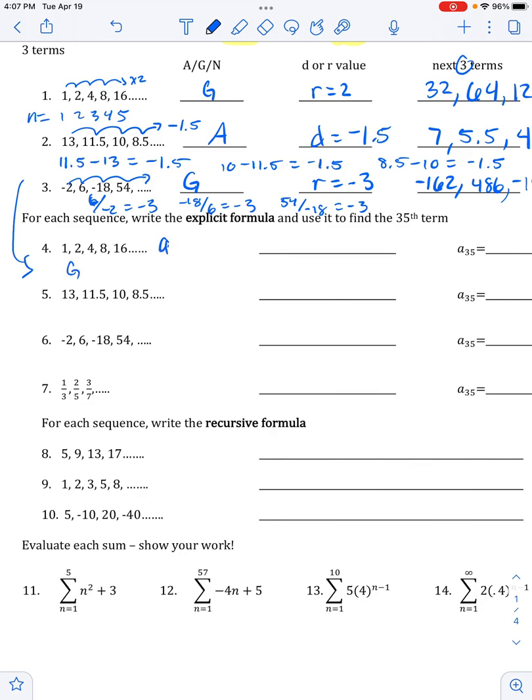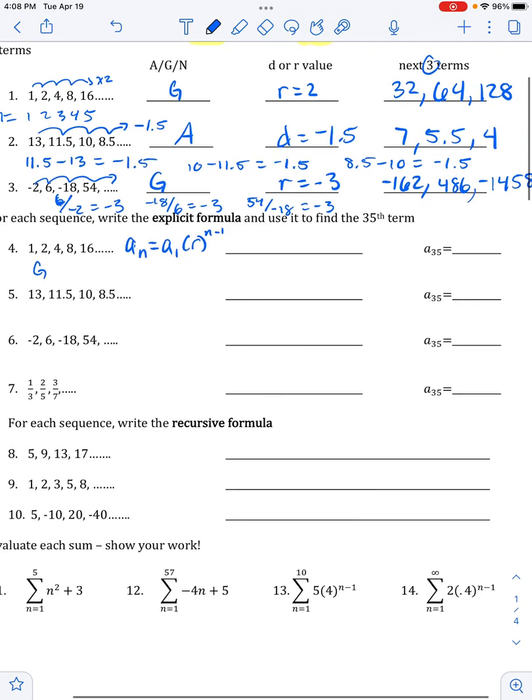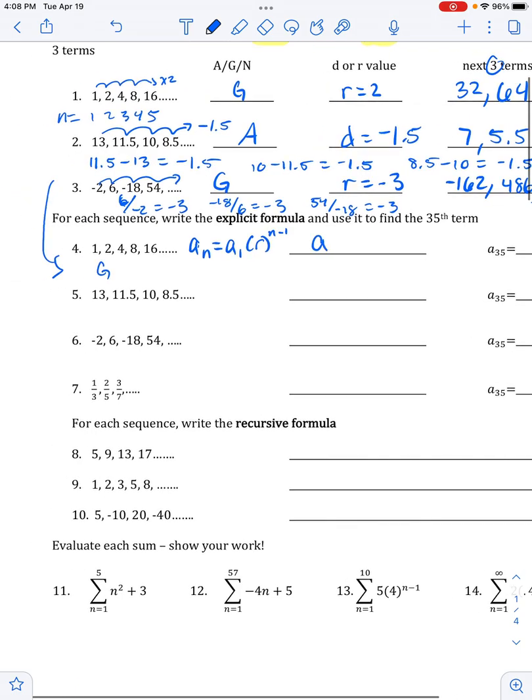So I know that I'm going to be using my formula A1 times the common ratio to the n minus 1 power. Alrighty, so my formula starts with A sub n equals. My first term, I can just look into the problem and it's a 1. Common ratio, I already found up in problem 1 to be a 2. And then n minus 1.